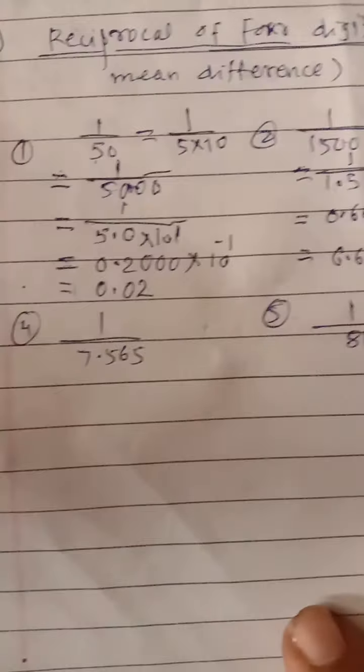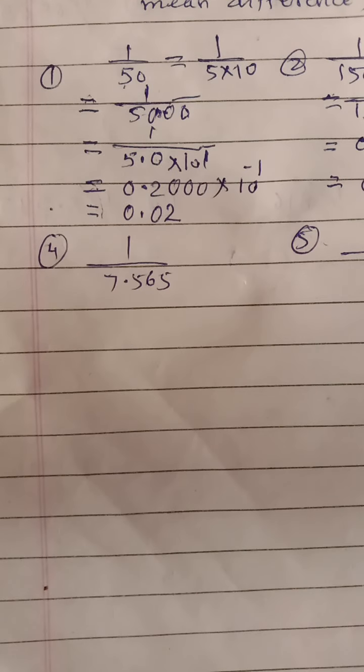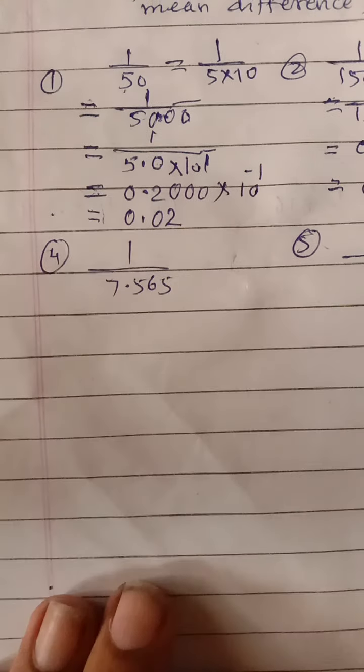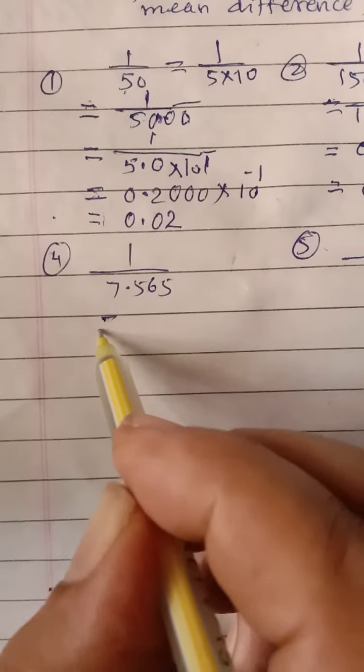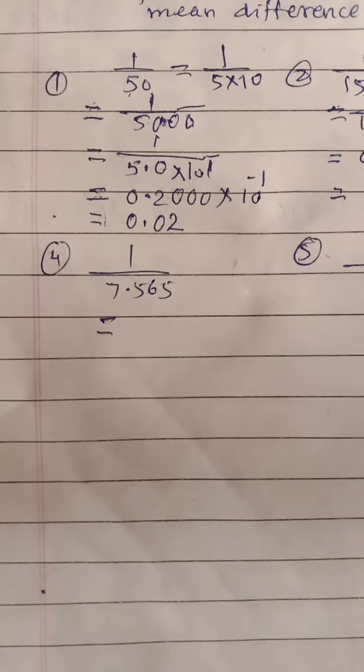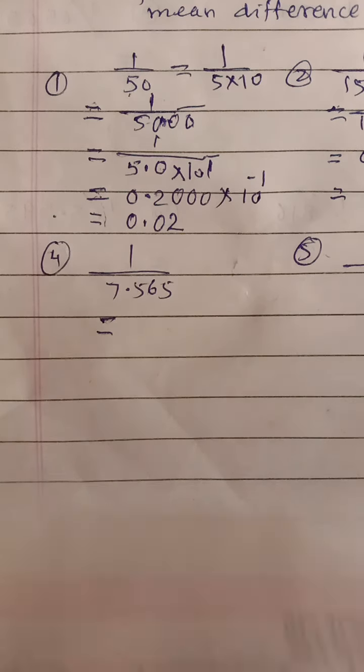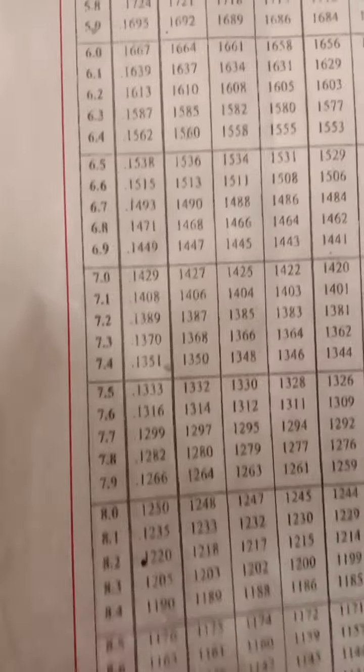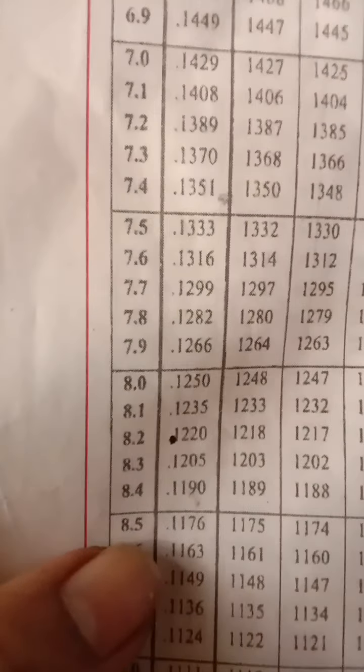Similarly, we will consider the fourth numerical, which is already given in the proper form, so we will have to find out the reciprocal of 7.5 in the sixth column, and subtract the mean difference from the fifth column. So it is 7.5, and from this table again we can find 7.5.